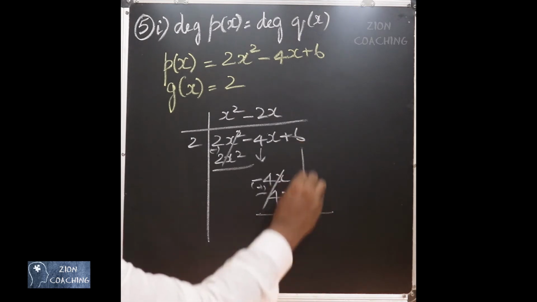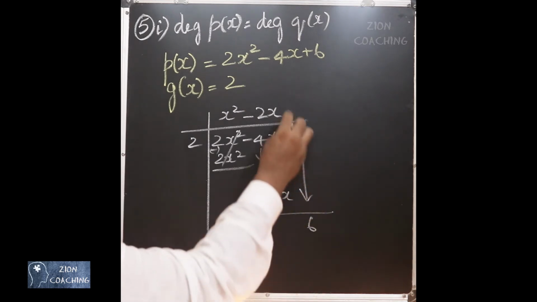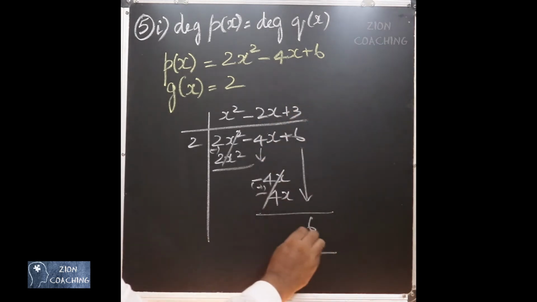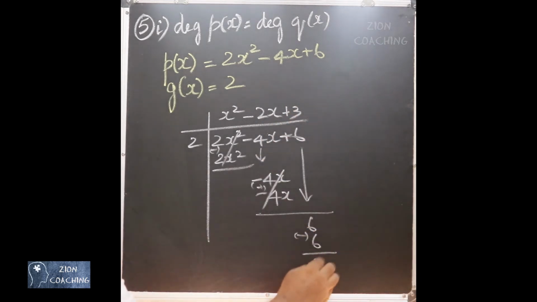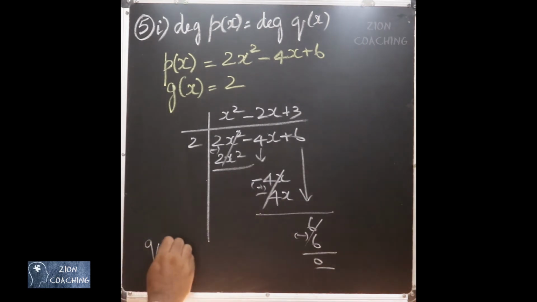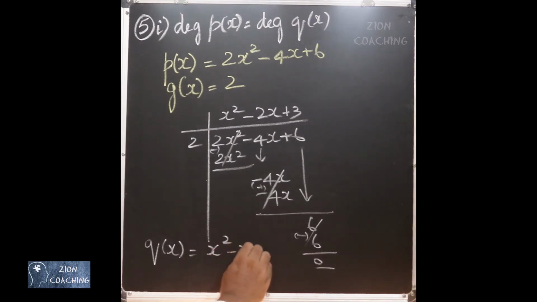Then you bring down the next term, that is 6. Now you can see that plus 3 into 2 is 6. So when you change the symbol, that also will get cancelled. Remainder becomes 0. Now we got our q of x to be x squared minus 2x plus 3, and r of x is 0.